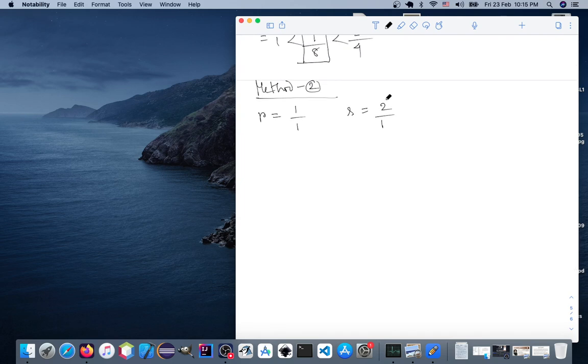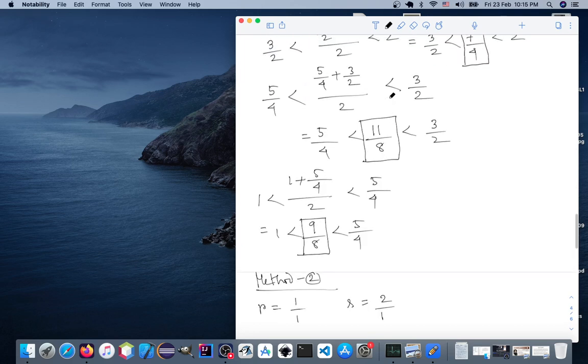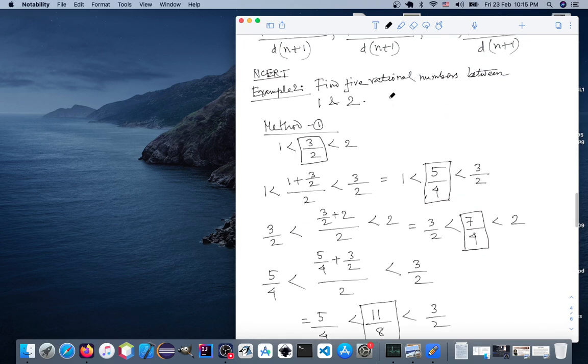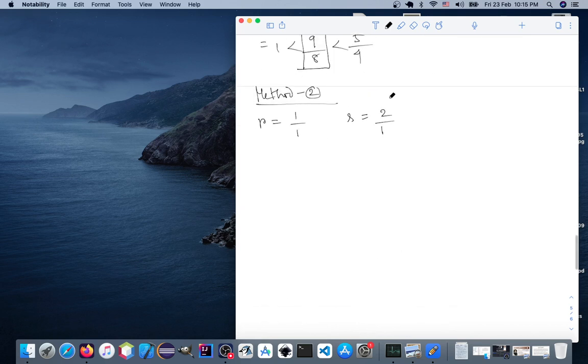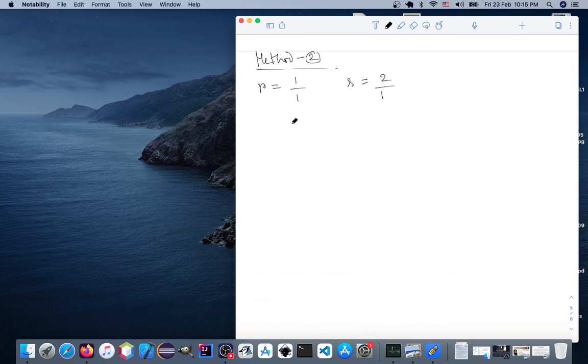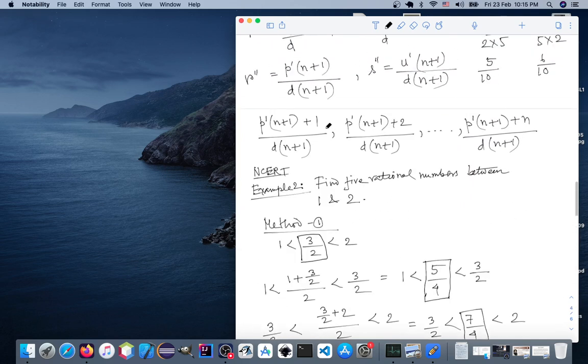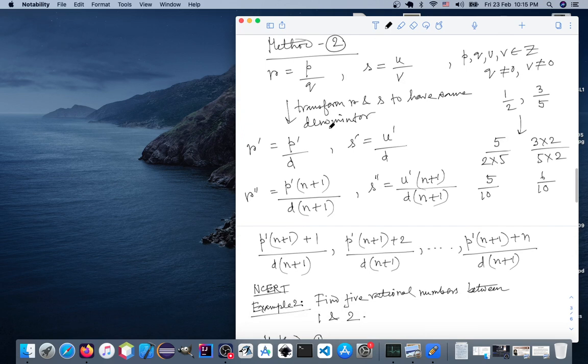So now we just multiply the denominator of both R and S by n plus 1. What is n here? N is 5 because we are asked to find 5 rational numbers between 1 and 2. So n is 5 here. From here we obtain R dash. Remember, in the final transformation we have to multiply by n plus 1.